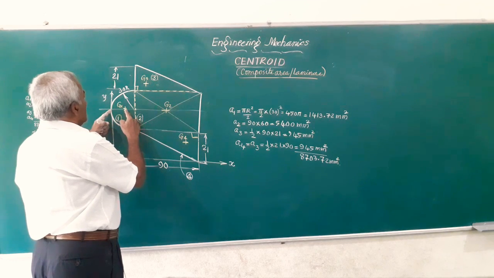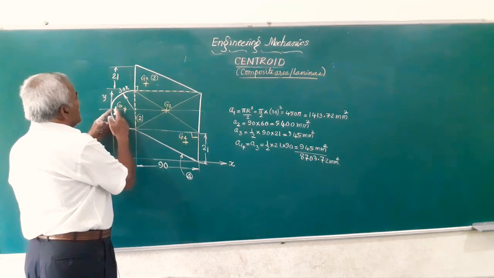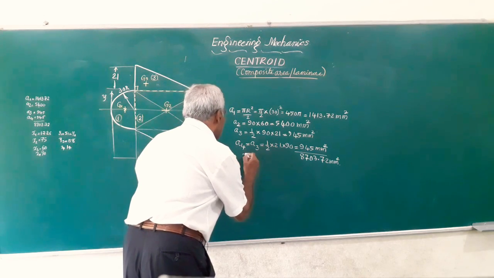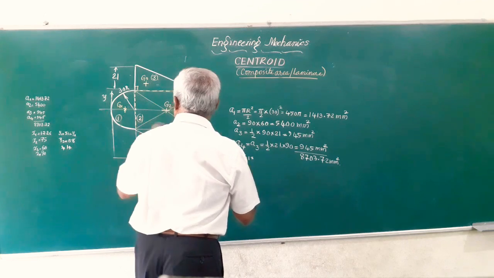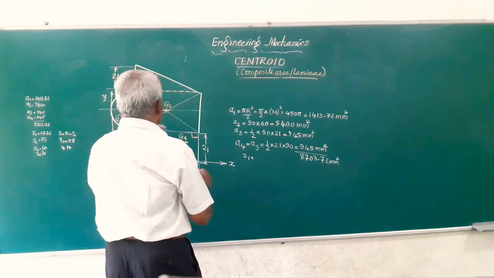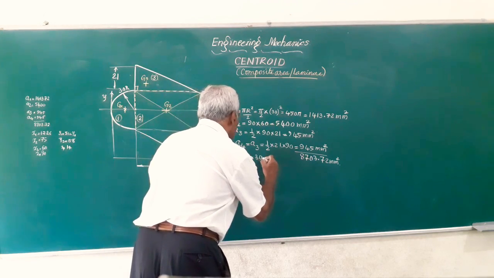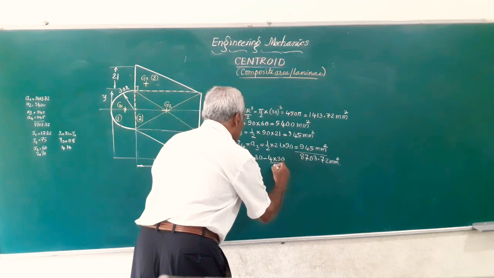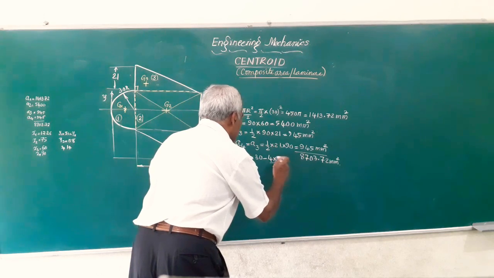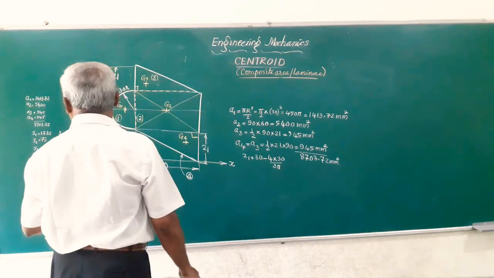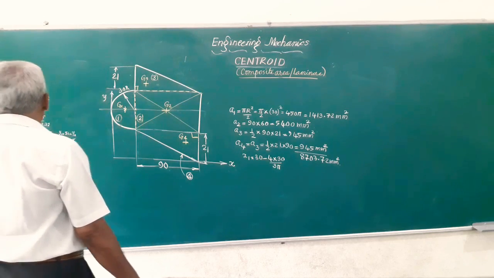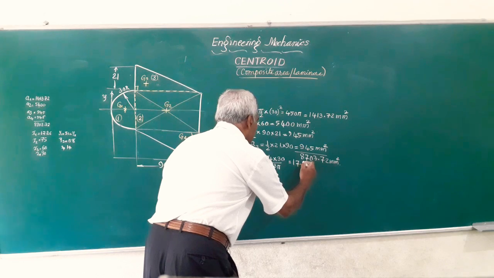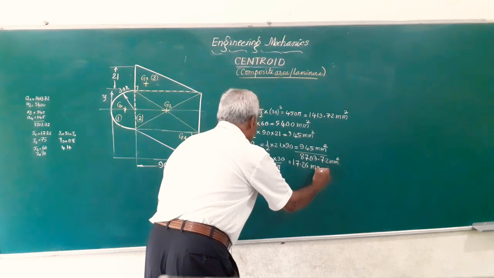This x1 is the total radius minus 4r by 3 pi. So x1 is equal to 30 minus 4 into 30 by 3 pi, and if you simplify, this works out to 17.26 mm.